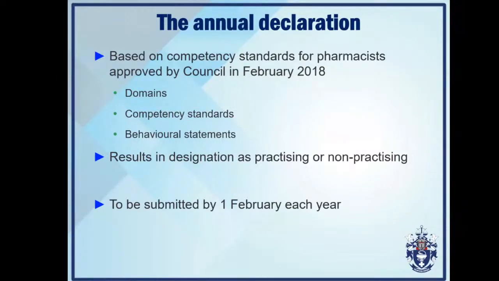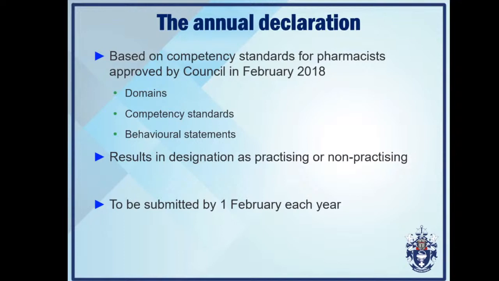If you would like to designate yourself as a non-practicing pharmacist, you will choose I never do this. If you never do any of the acts pertaining to the scope of practice of a pharmacist, then the system will ask you: you have designated yourself as a non-practicing pharmacist, do you agree or disagree? If you feel that there's something wrong and you disagree, it takes you back.